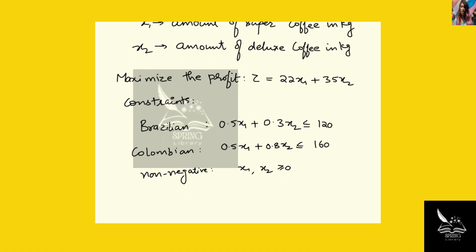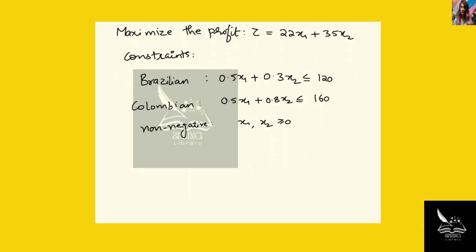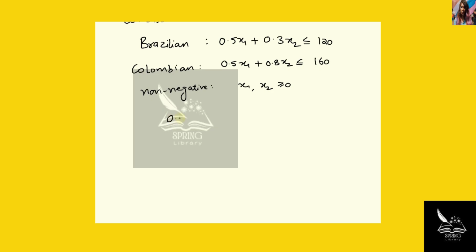Now, finding the points on the graph, if we assume the equation 0.5 x1 plus 0.3 x2 equals 120, then if x1 is 0, we get x2 equal to 400, and if x2 is 0, we get x1 equal to 240.